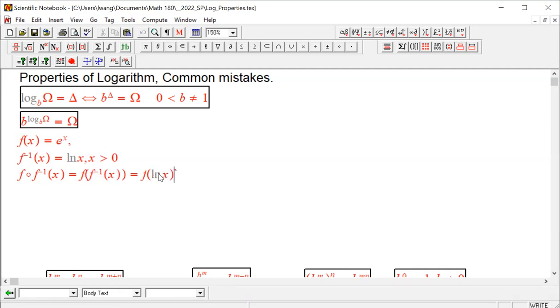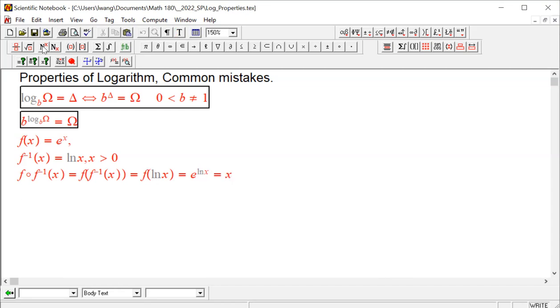That equals e to the power of ln x. And we know that this is going to be equal to x, right? We derived the inverse function properties from the definition itself. And this one is a special case.